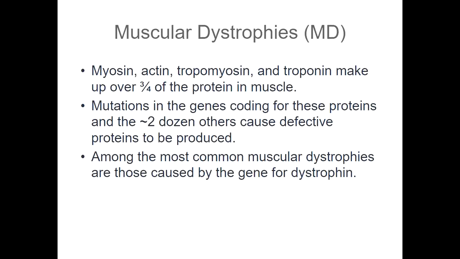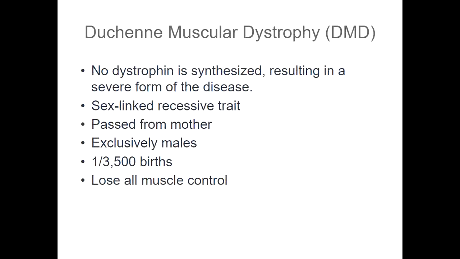So if you have a mutation in your DNA, that means that you have a mutated protein, and that protein is defective. Okay? So the muscular dystrophies are all mutations that are caused by a gene that is coded for the protein called dystrophin.